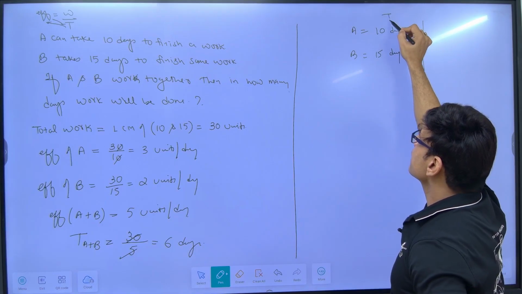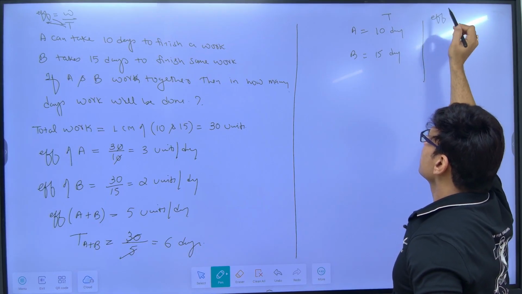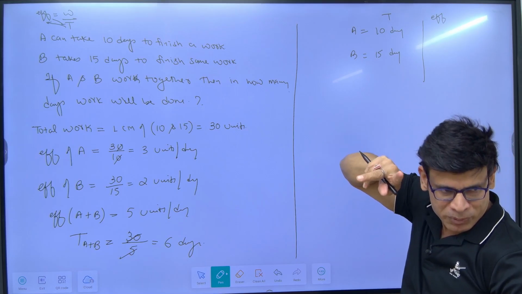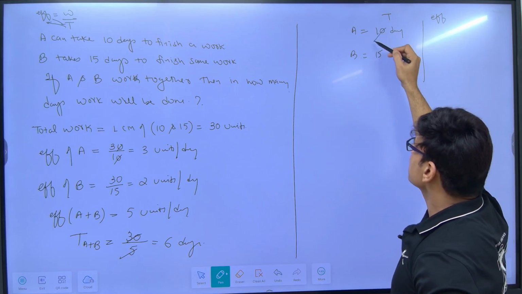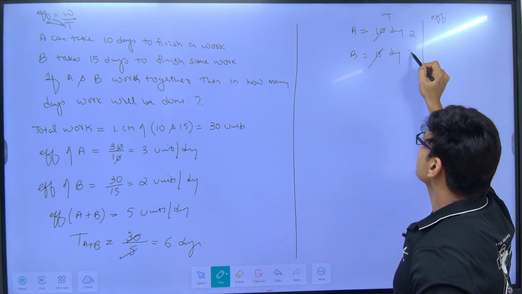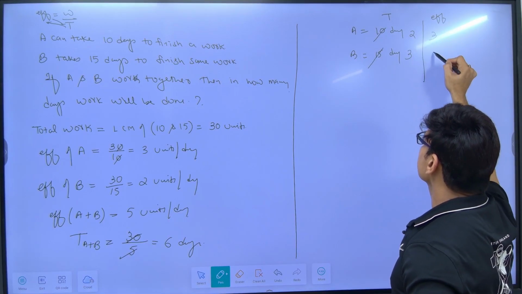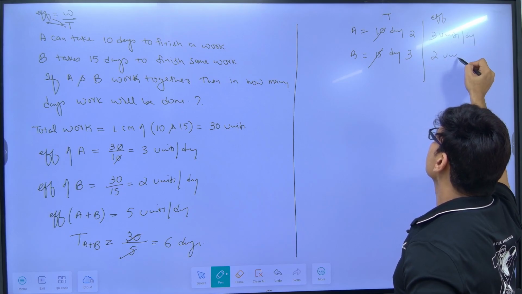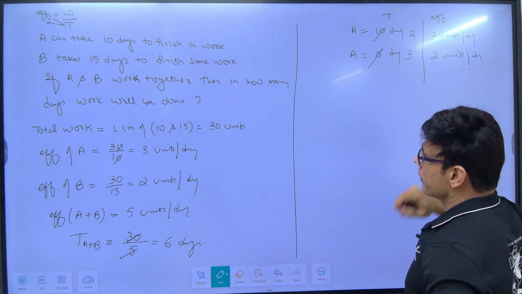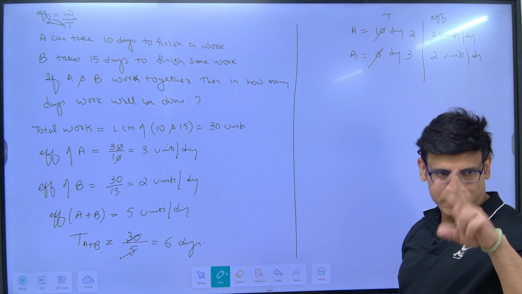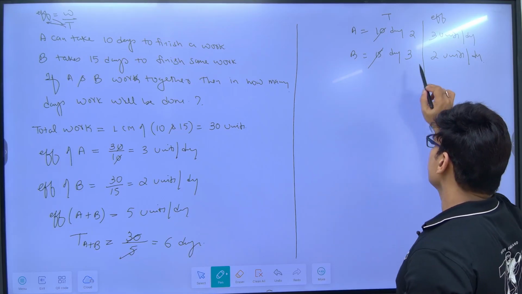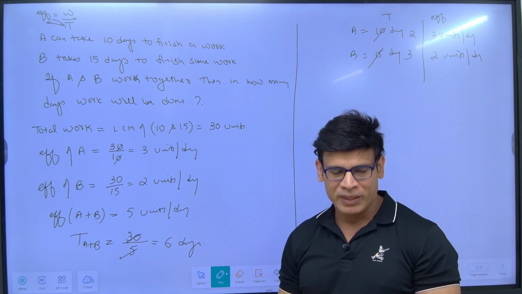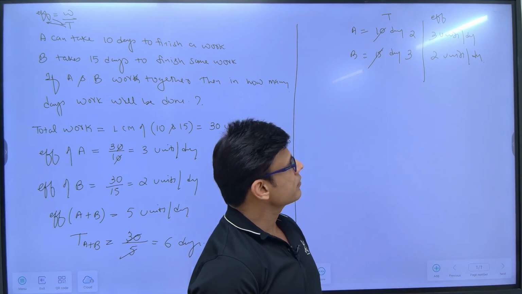This is time. Days, meaning time, are inversely proportional. What is the ratio of this? 2:3. Take this 3 here, take this 2 here. This is their efficiency. First you simplify the time, then take 3 here, 2 here. Basically, take inversely proportional.